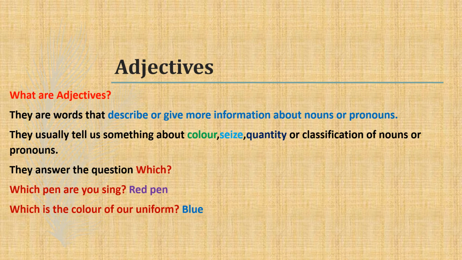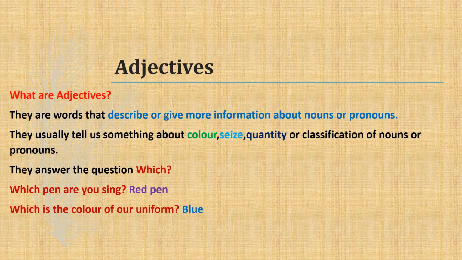So nouns can be a name of a person like Peter. In other cases, pronouns are words that replace nouns in a sentence. So instead of saying, for example, Peter is going to school, you can replace the noun Peter with the pronoun he, and the sentence will be, he is going to school. So he is a pronoun that is replacing the noun Peter.